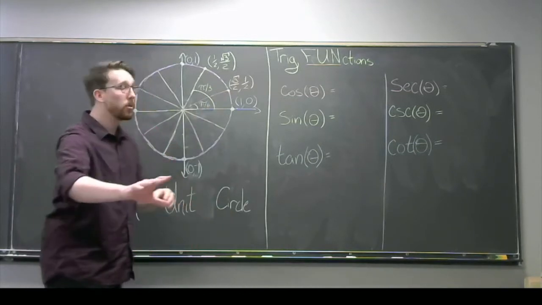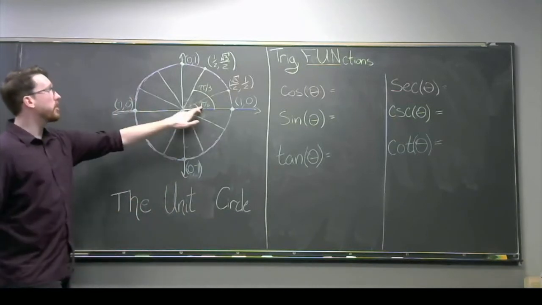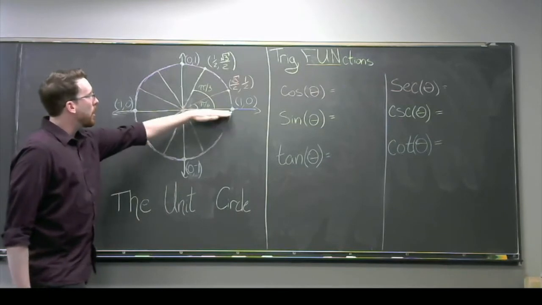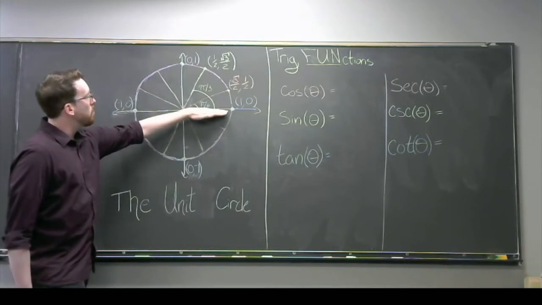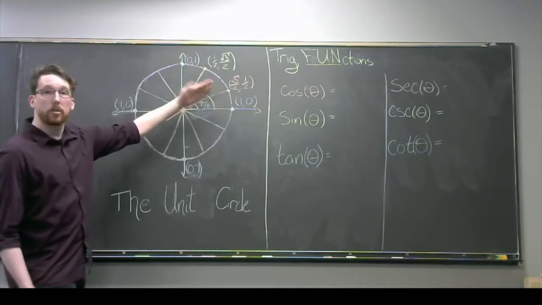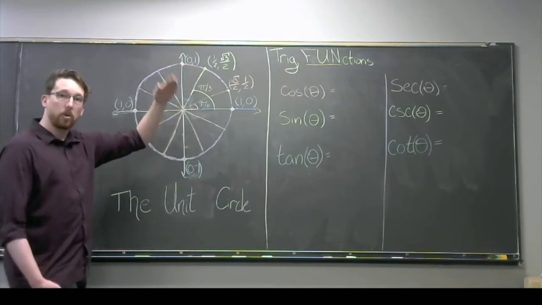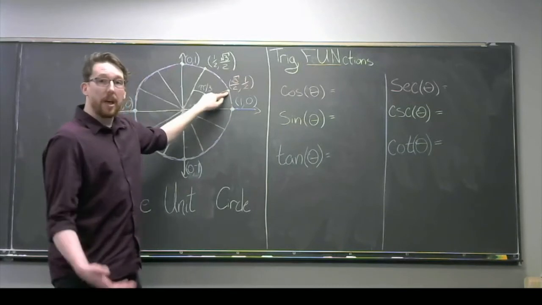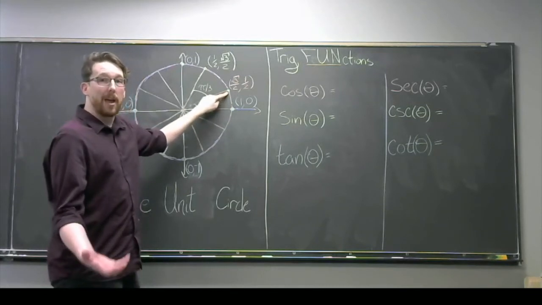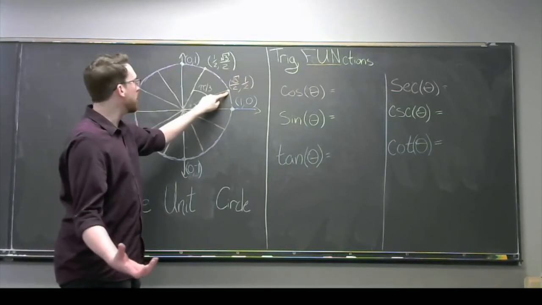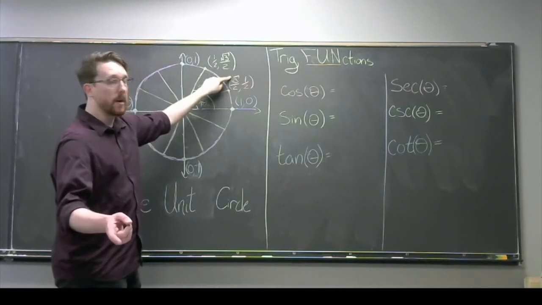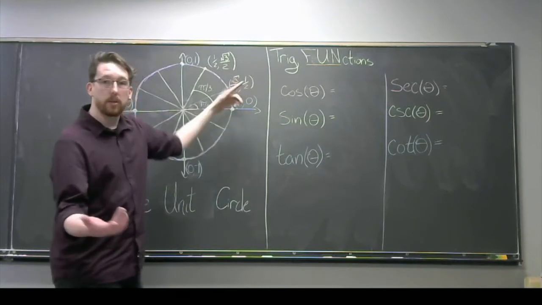So for example, pi over 6. If we were to look at the unit circle, move up pi over 6 radians, so we're tilting up, we would find that the xy value at pi over 6 radians is the square root of 3 over 2, that's the x value, and 1/2, that's the y value.